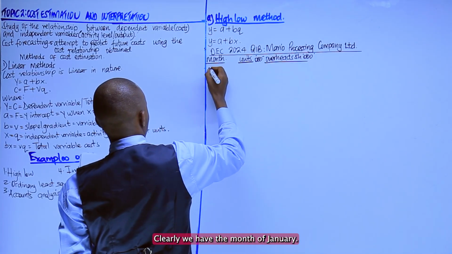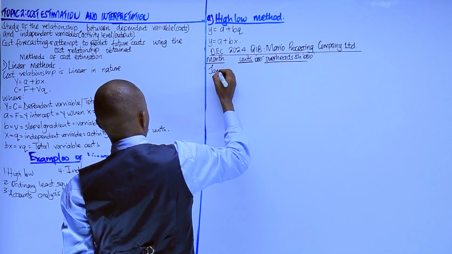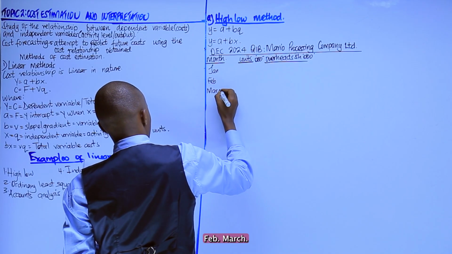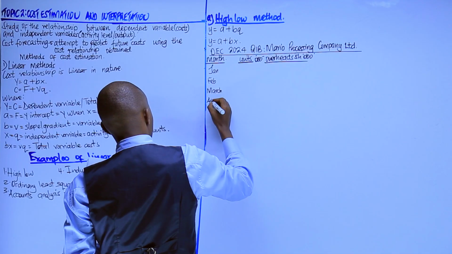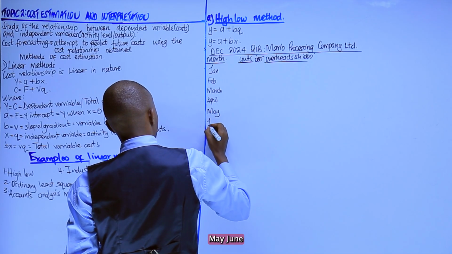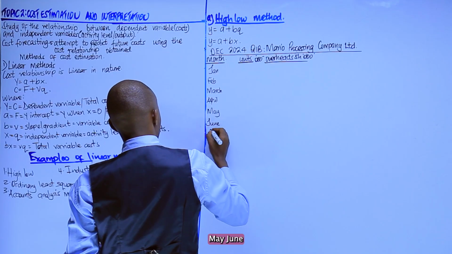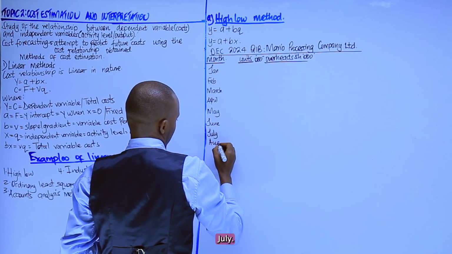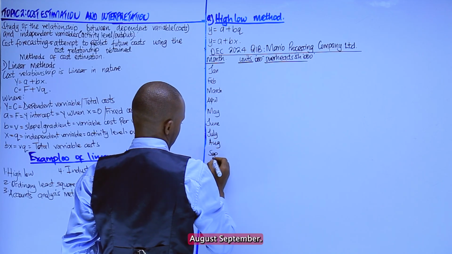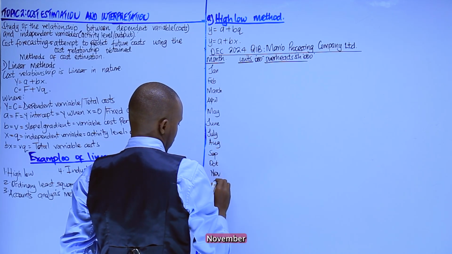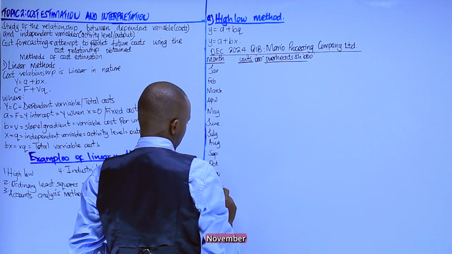You have the month of January, Feb, March, April, May, June, July, August, September, October, November, and December.